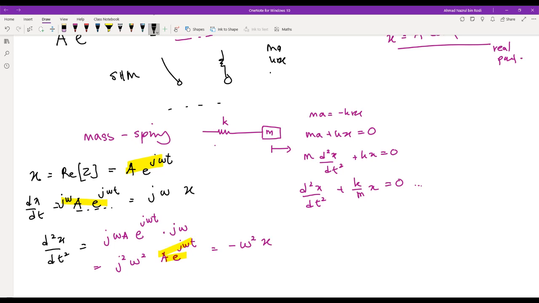So we can put this value: d square x over dt square is equal to minus omega square x, plus k over m x equal to 0. And then we bring this to the right, we have omega square x equal to k over m x. We can cancel x here. So finally you get omega square is equal to k over m.